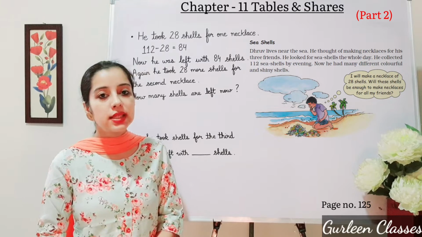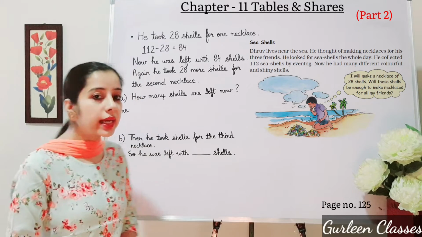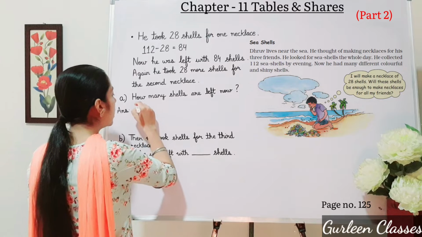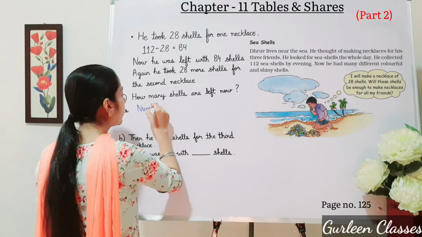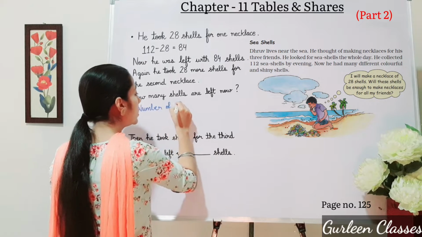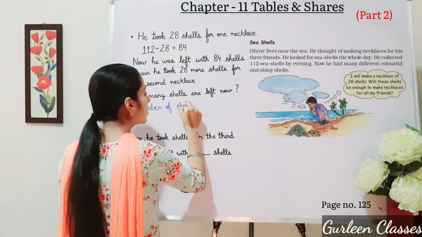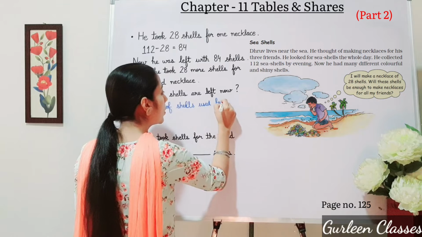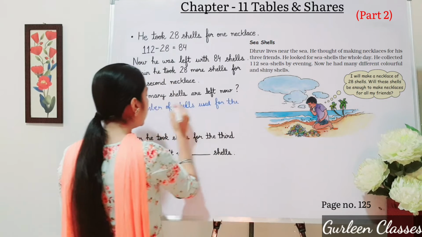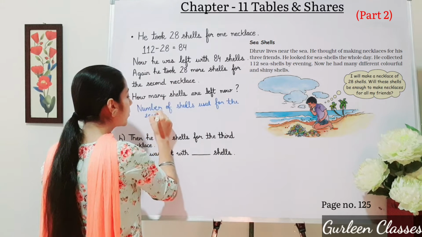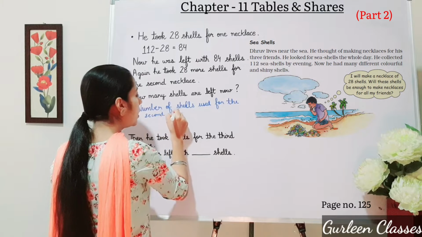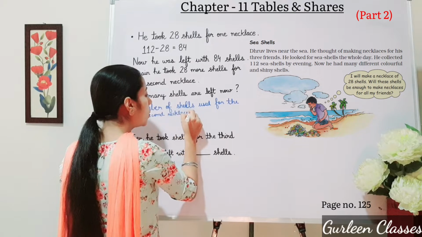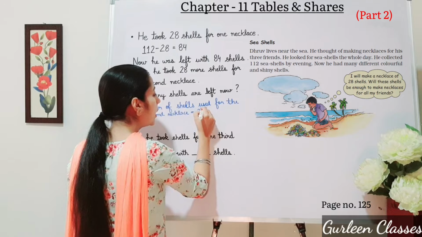Number of shells used for the second necklace is equal to 28.